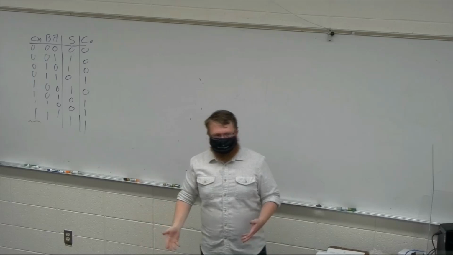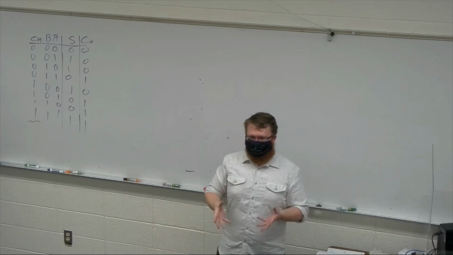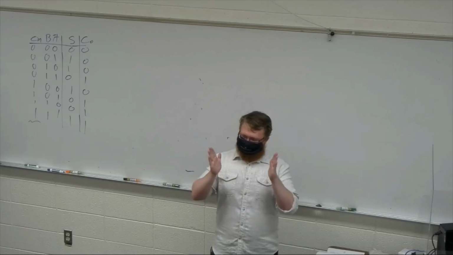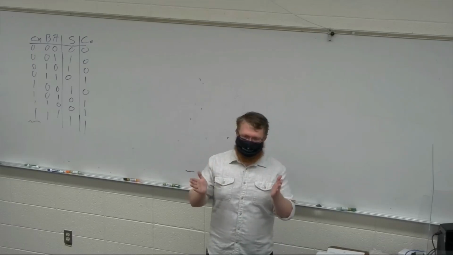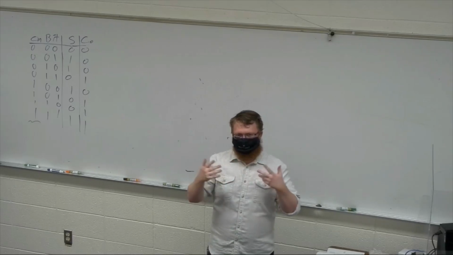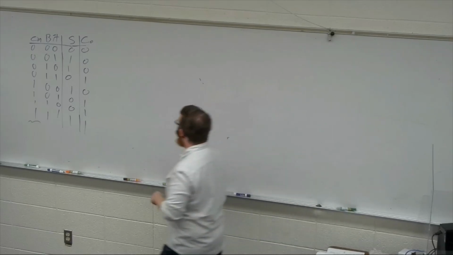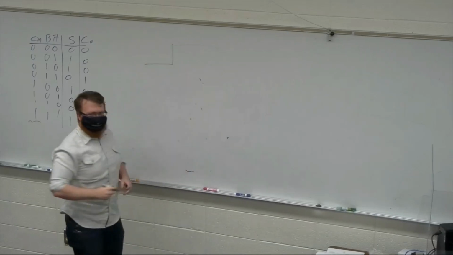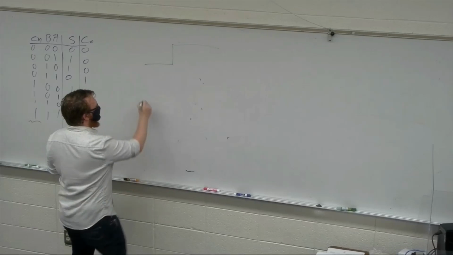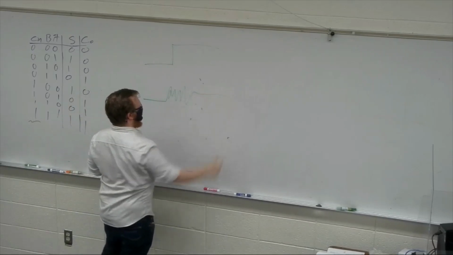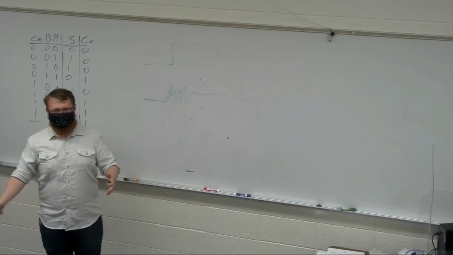The other issue is that these buttons are real physical devices. So we would like to think that they go click when I push it. They don't. What really happens is they go click, click, and then we end up with bounce. So what we would like to see is off to on. What we really see is like so.